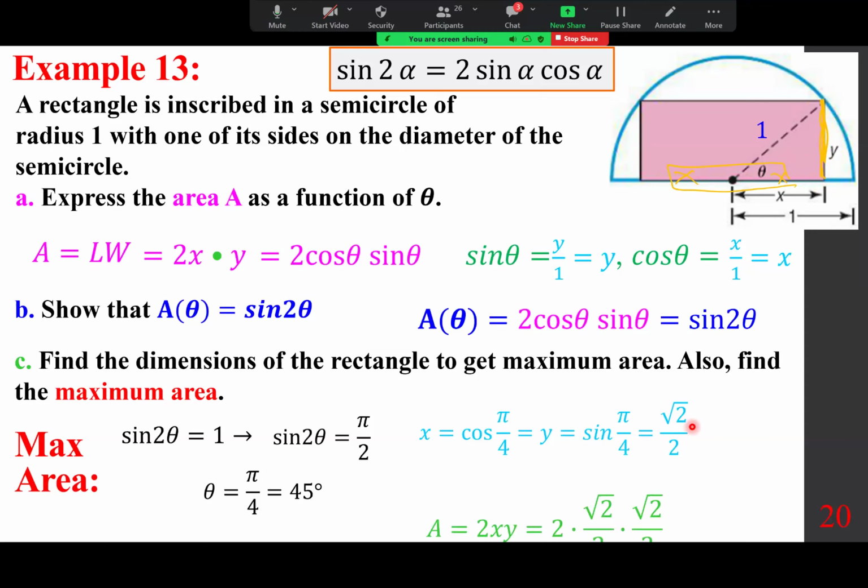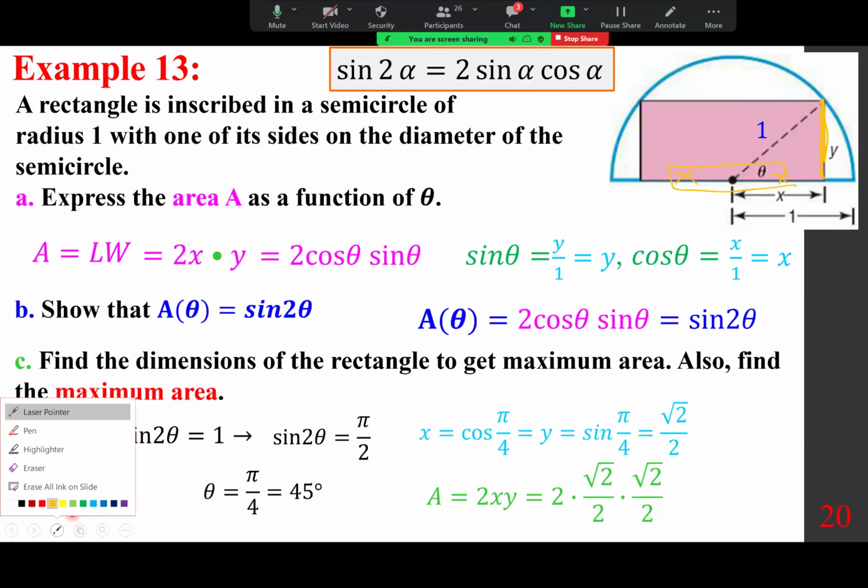Because area is 2 times x times y. It's 2 times x times y. And I hope you recognize the numerator. Square root of 2 times square root of 2 is 2. 2 times 2 is 4. Divide by 4. We get 4 over 4, or 1.